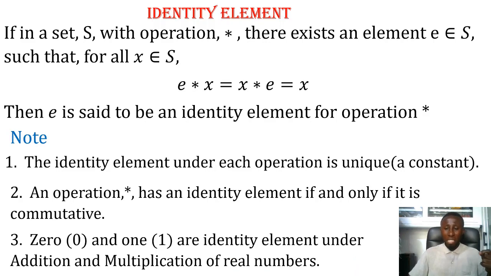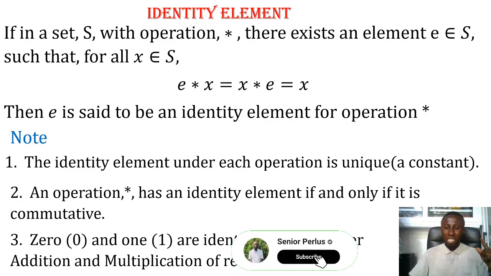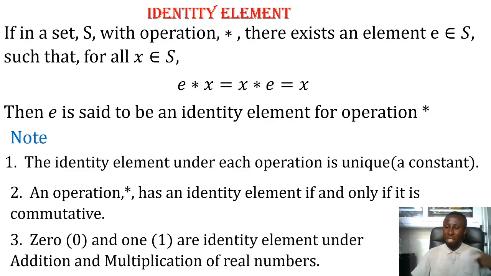Any number added to 0 gives the same number, so 0 is the identity element. In multiplication, 1 is the identity element, because any number times 1 gives the same number. 1 times 5 is 5, 1 times 6 is 6, 1 times 9 is 9.